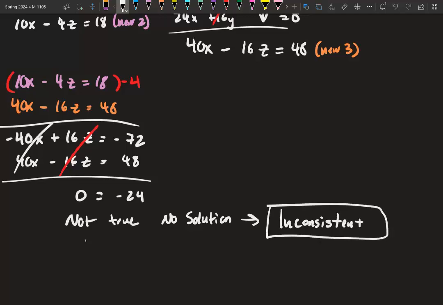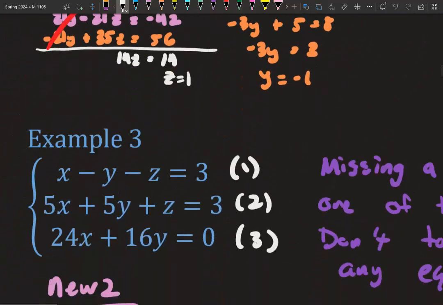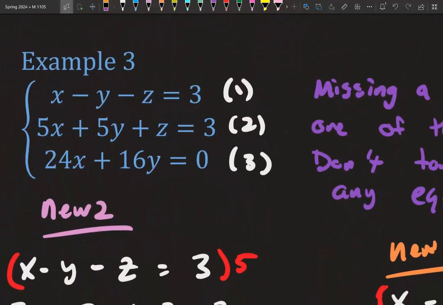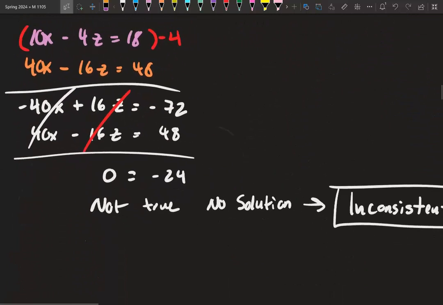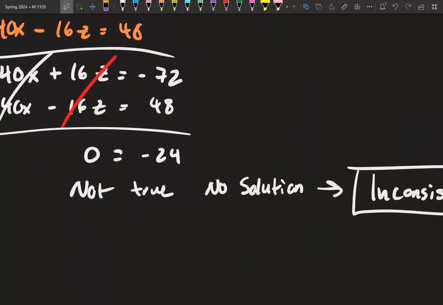This does not happen every time when you're missing a variable at the beginning. That's not why it's inconsistent. It just so happens that there's no solution, meaning they actually never all cross together. If you got a true statement like 0 equals 0, negative 24 equals negative 24, that would be consistent. That would be infinite solutions.